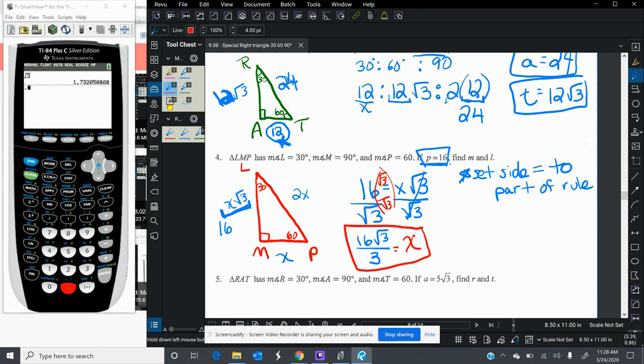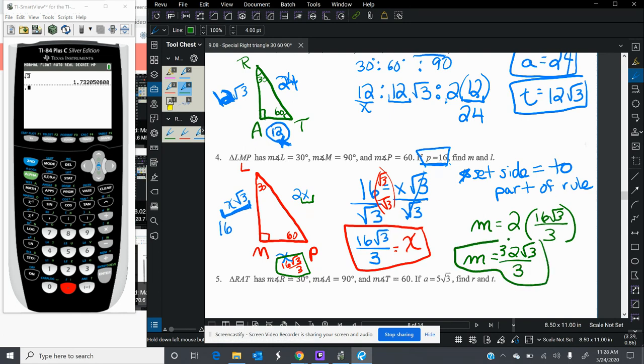So if our x measurement is 16 rad 3 over 3, then our hypotenuse would be twice that whole thing. So side m is going to equal twice 16 square root of 3 over 3, which gives us, not so pretty, 32 square root of 3 over 3. The final answer there.